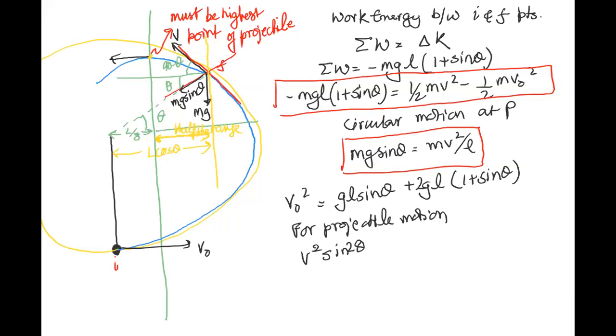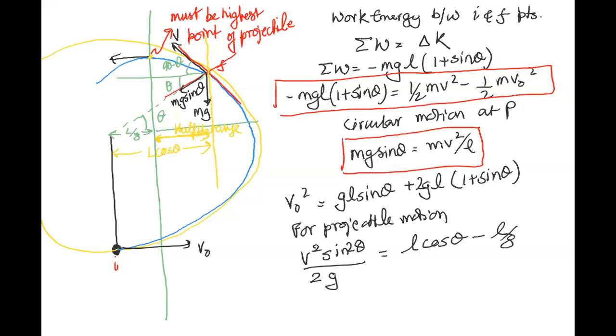Or if you remember, the range of a projectile at complementary angles is always the same. So therefore 90 minus theta will not create any problems here, divided by 2g, because we want half the range, is equal to L cos theta minus L by 8.